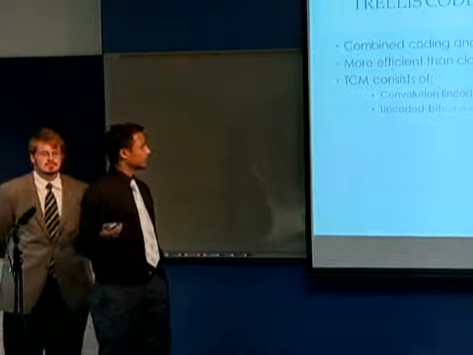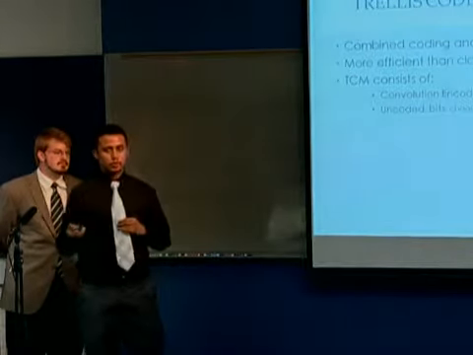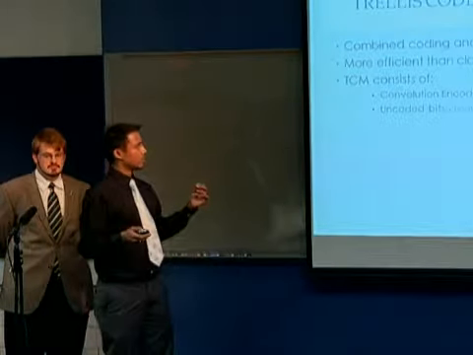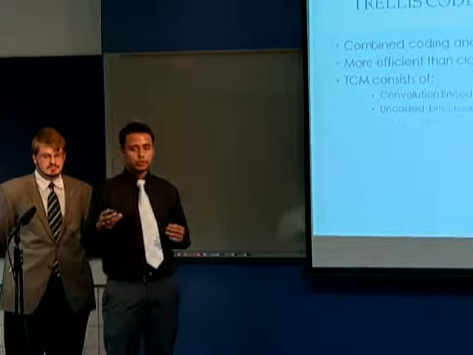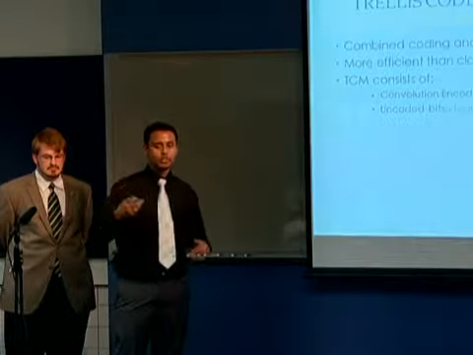So the trellis-coded modulation has a convolutional encoder that produces a trellis, which maps the subset, and then some uncoded bits choose what point in the subset is to be transmitted.